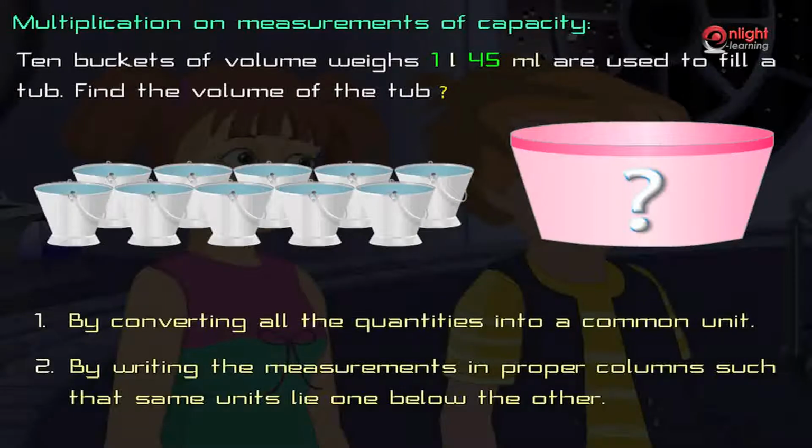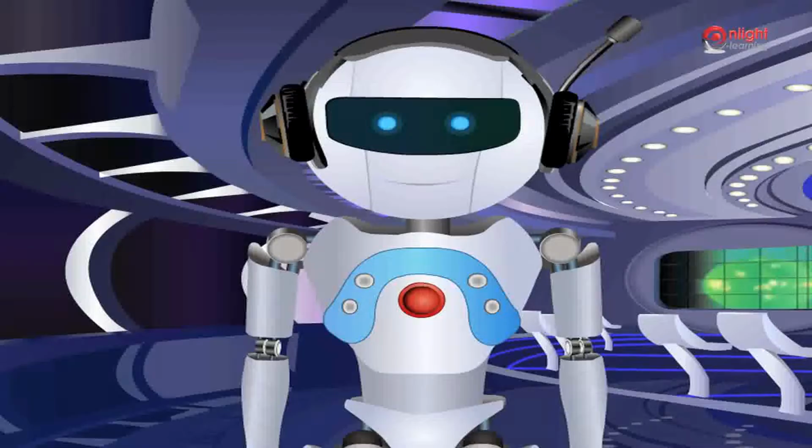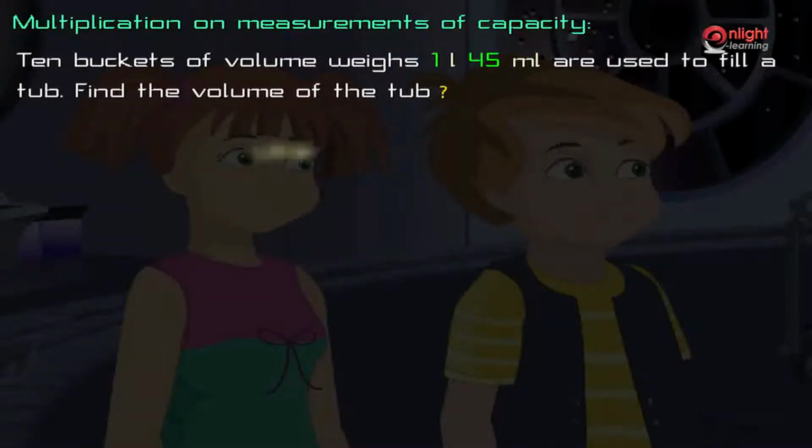Let us now employ the method of multiplication by writing quantities in proper columns to solve this problem. In this method, all the quantities are expressed in columns such that quantities of the same unit lie one below the other. The columns are arranged in decreasing order of magnitude. Hence, liter comes before milliliter.